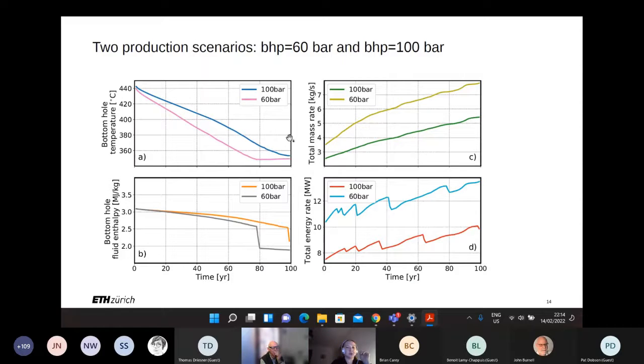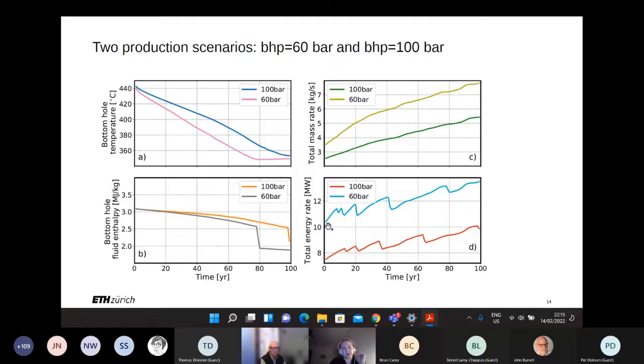But what we also see is that the production temperatures stay very high for many years, which is very promising. And with 100 bars bottom hole pressure, the boiling in the well starts only after 98 years or so.